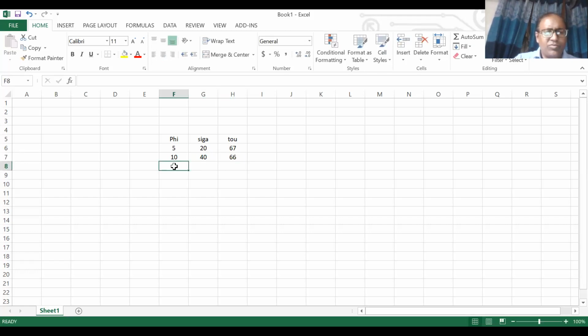Then you go to 20. You got this one 80, tau you got 0. Then increase more. Say you go 30, your sigma you are getting 70, tau getting say 35.